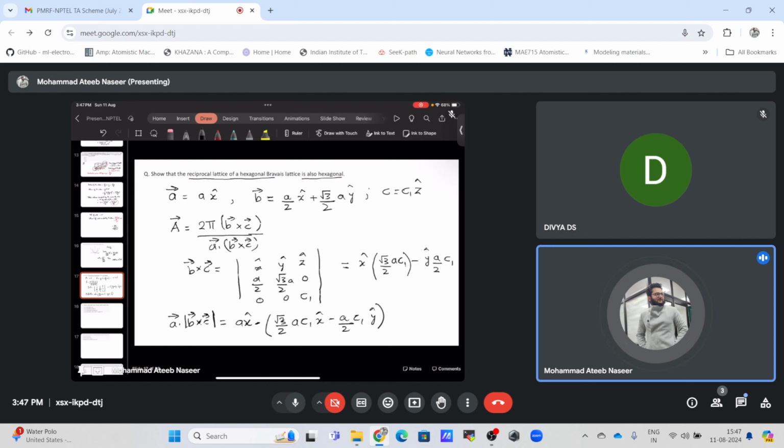So the dot product is such that x dot x will be 1, and x dot y will be 0. So we will be left with simply root 3 by 2 a square c1. So this is the value of the volume.